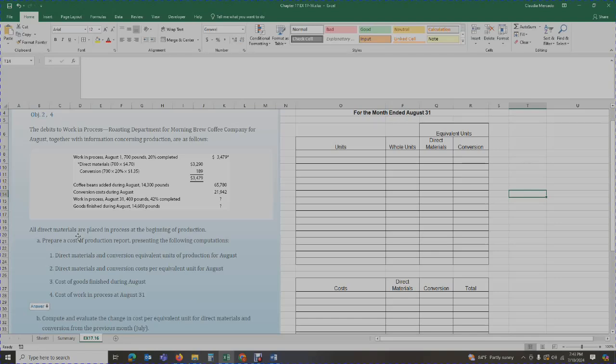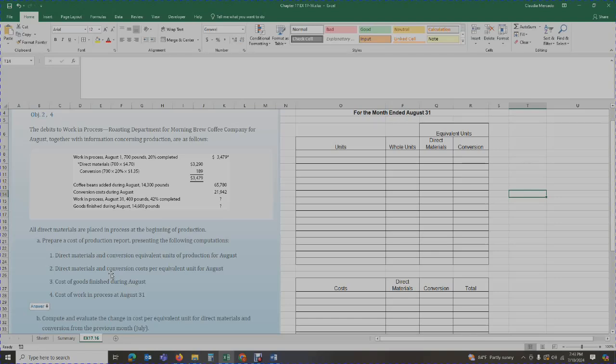So regardless of whether the production is completed in that specific month, all of the materials are accounted for in that specific month. We're going to be classifying materials and conversion costs separately. So the materials will always be allocated at the beginning of production of the month that those materials were put into production.